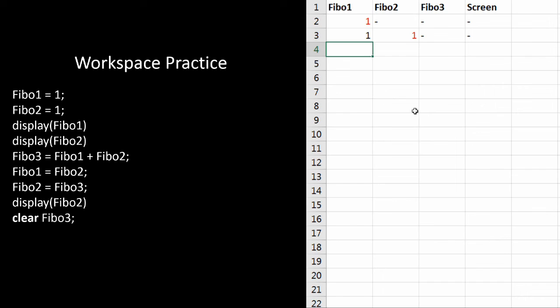So if we move then onto line 3, we have display Fib1. So we're going to have the values staying the same. We still don't have a variable value for Fib3, but now we have screen output. Our screen output is going to be Fib1, so it's just a 1 in this case.